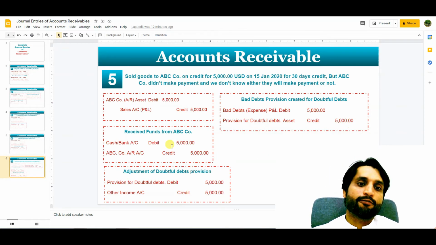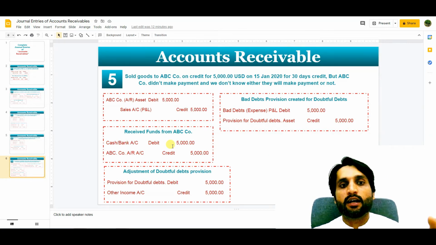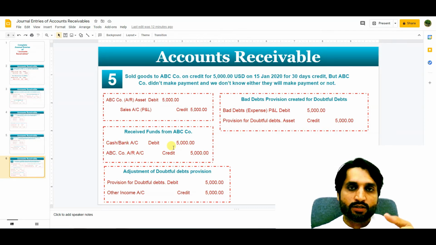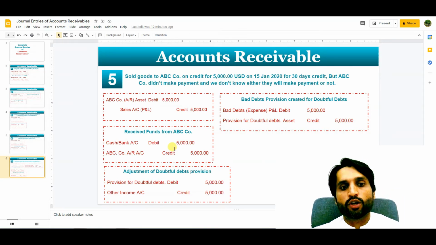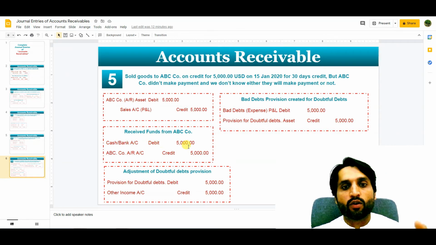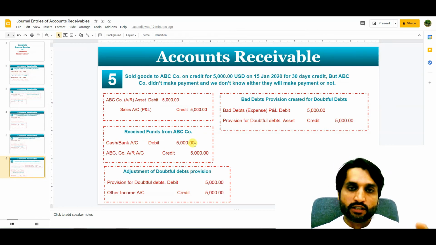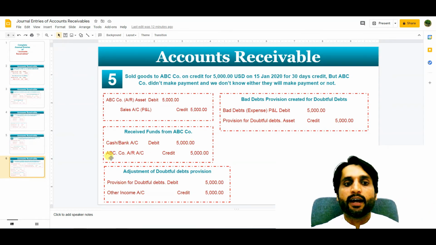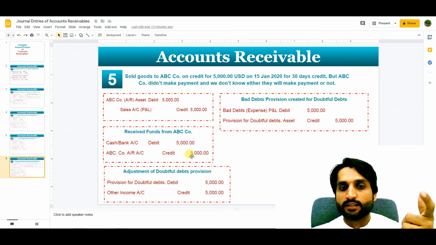If the ABC company pays us, because we were not sure, when we receive from them, cash or bank account will be debit for 5,000. We receive the money from that client, and ABC company account receivable account will be credit. This account is debit here, and when they paid us, this account is going to credit.